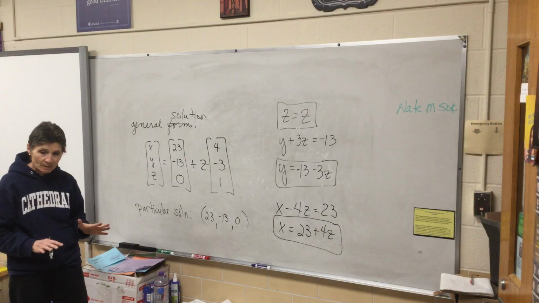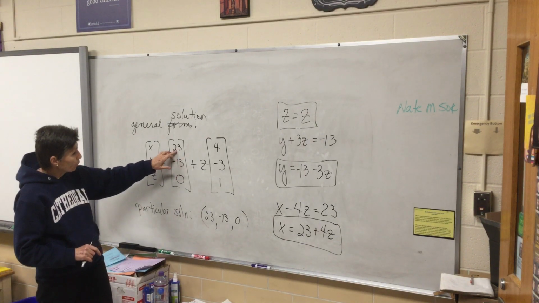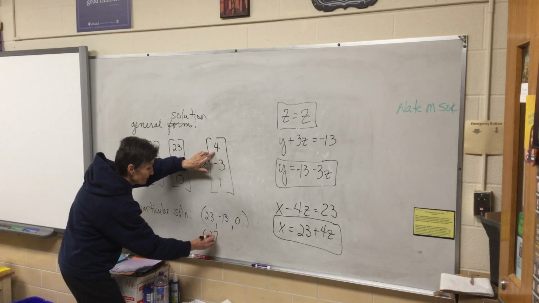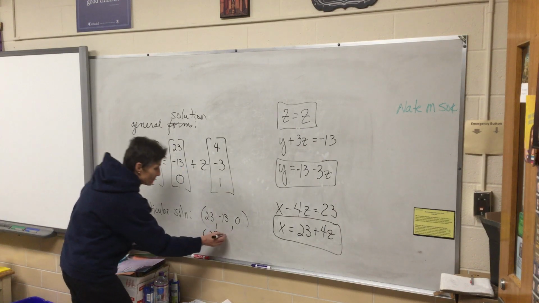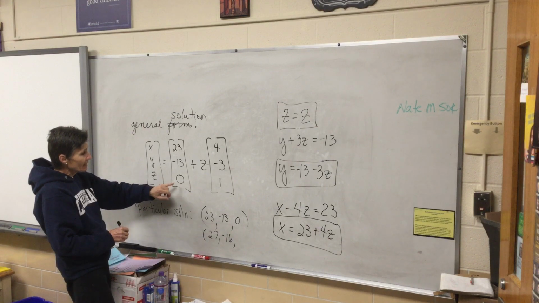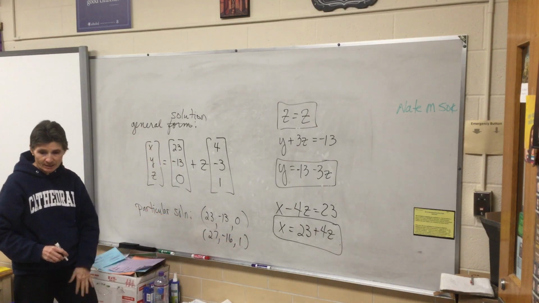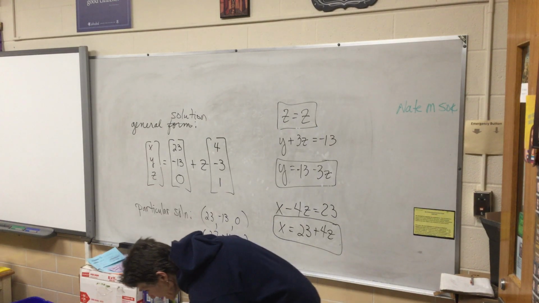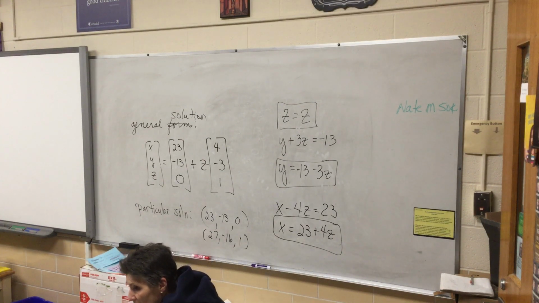So you could pick 1, and then you do 23 plus 4, so that would be 27. Negative 13 minus 3, that'd be negative 16. If z is 1, and 0 plus 1, that would be 1. So there would be another particular solution. There are infinitely many of them, and they are found by simply letting z equal a number.